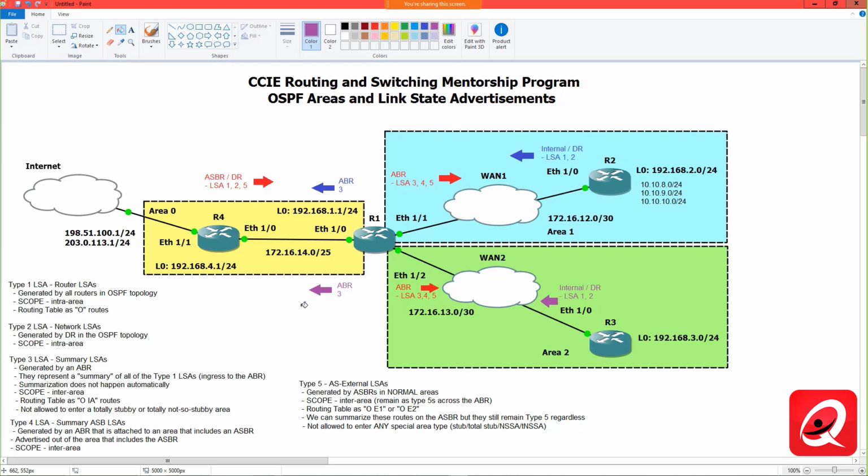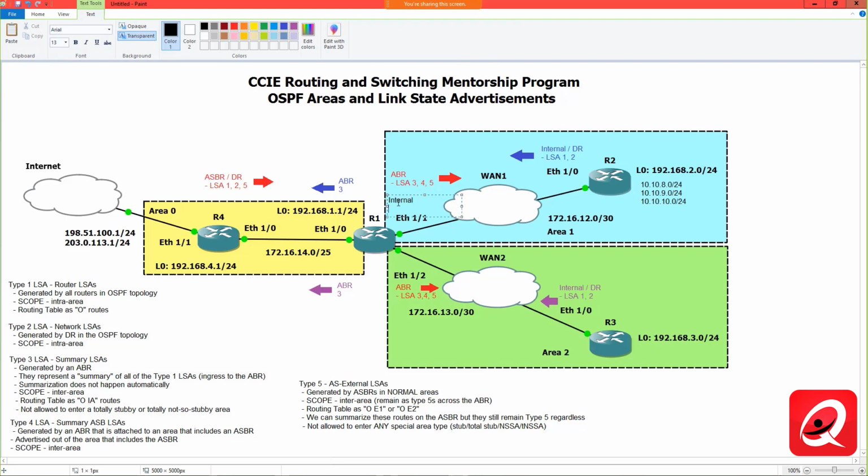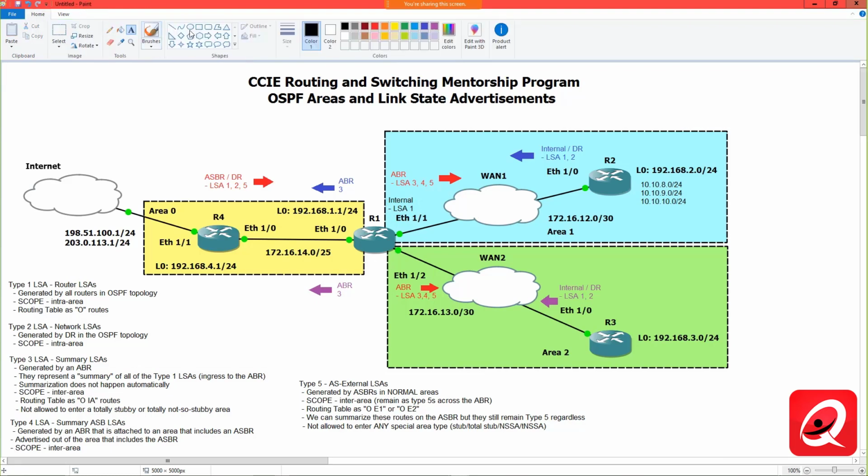Let's just do router 1 as black. So router 1 is an internal router to all of these areas. As an internal router to this area, it's going to be generating LSA type 1 into that area, into that area, and into that area. So I guess we could put that on there.